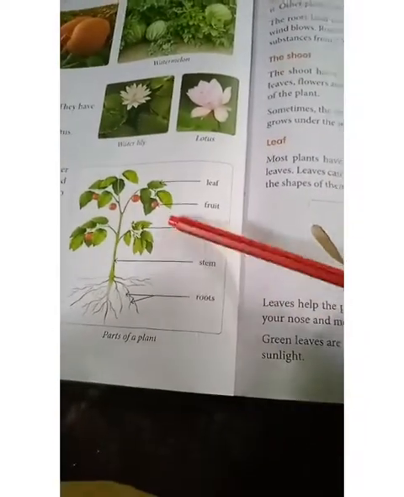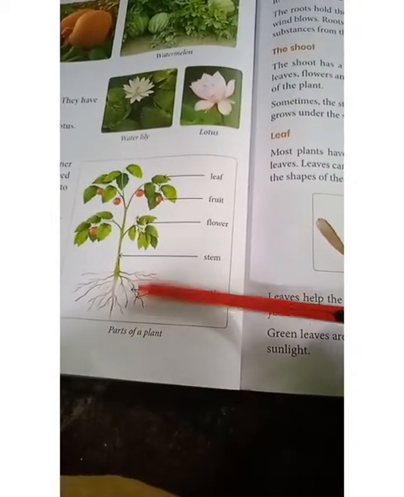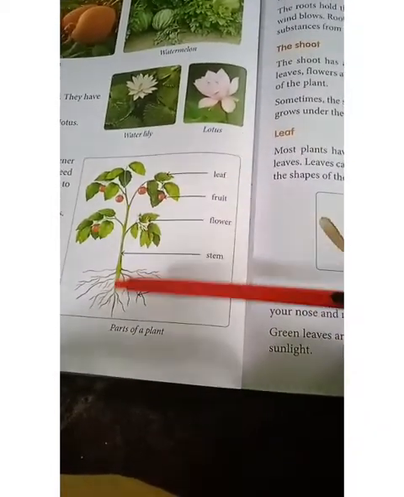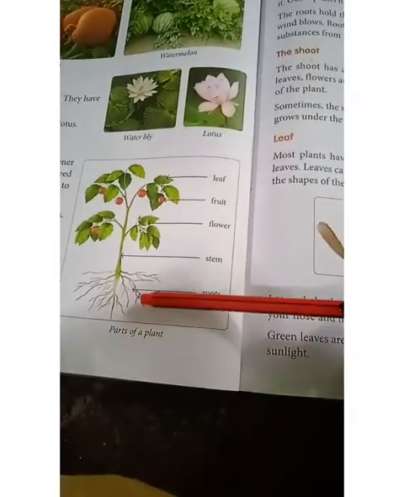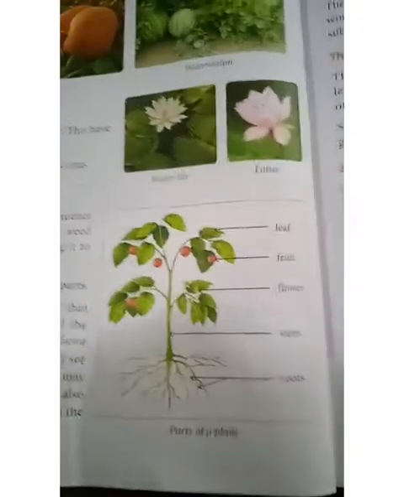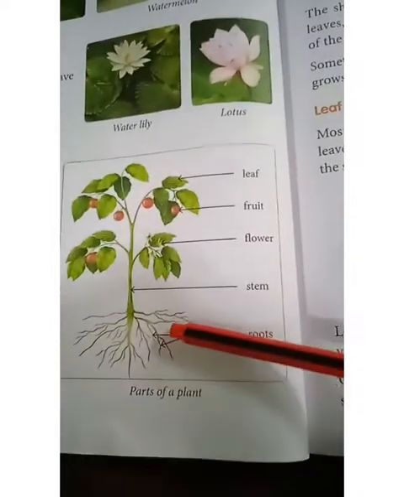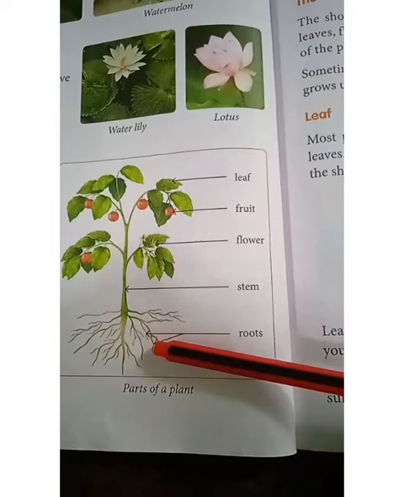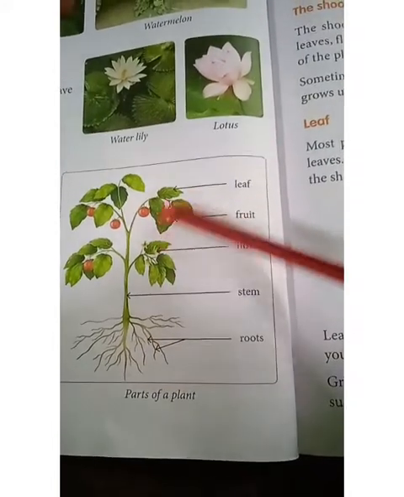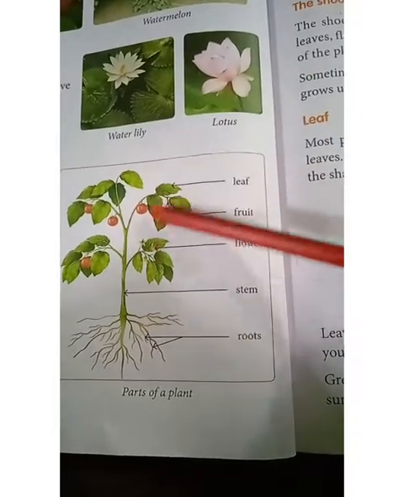So how many parts of a plant? Two parts. One is your root part, another one is your shoot part. The lower part of the plant is inside the soil, that is called root. The upper part of the plant is above the soil.